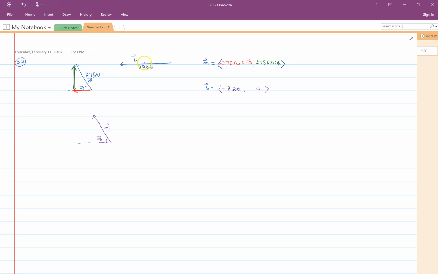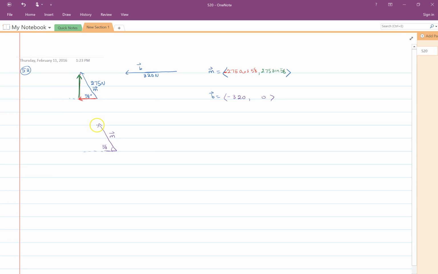I'm going to get my second vector B and add it to this as a continuation of M. Do you see how that works? This is what you were doing on the worksheet. So the resultant vector is this one. That's your resultant vector, M plus B.